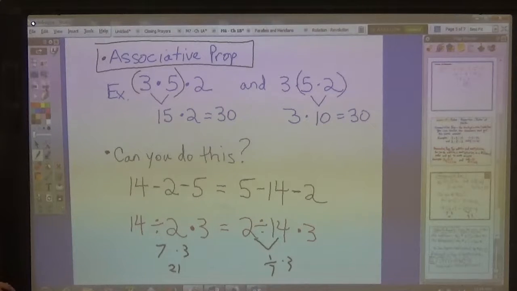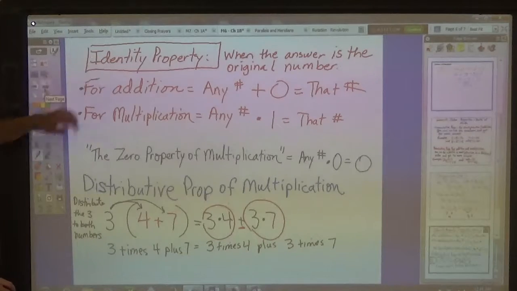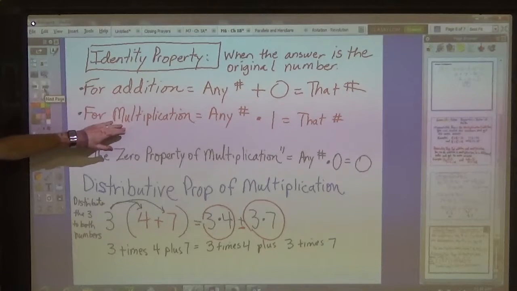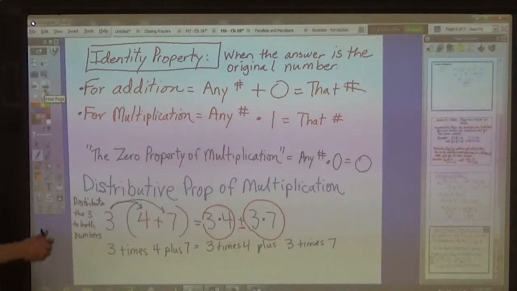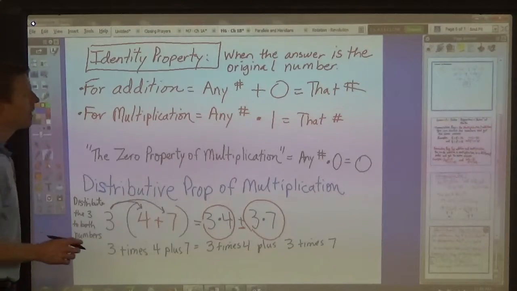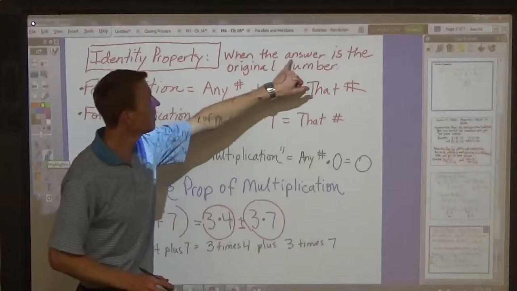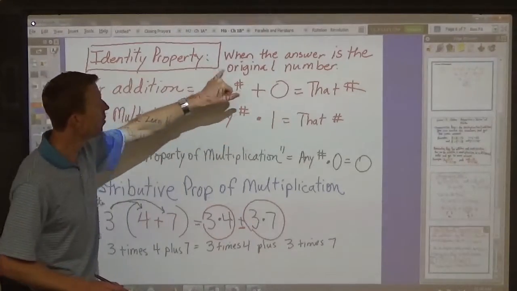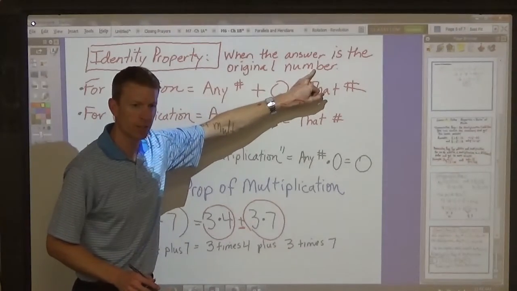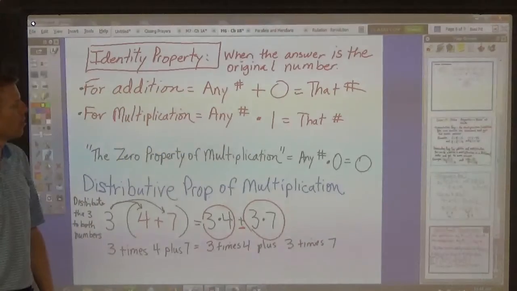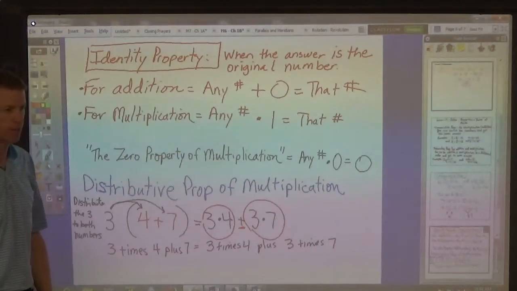Now, we have to go on to the identity property. There's also identity properties for addition and multiplication, but they're different. Identity property means that when you answer, you get the original number as the answer. The answer is the original number that you started with.